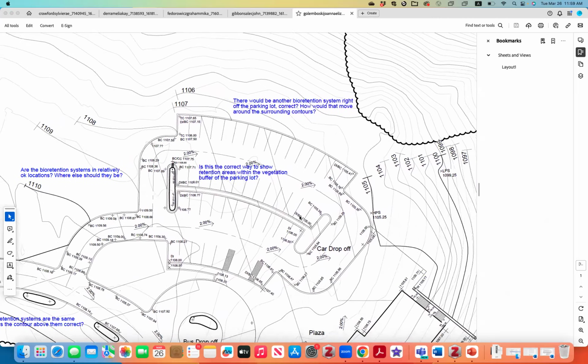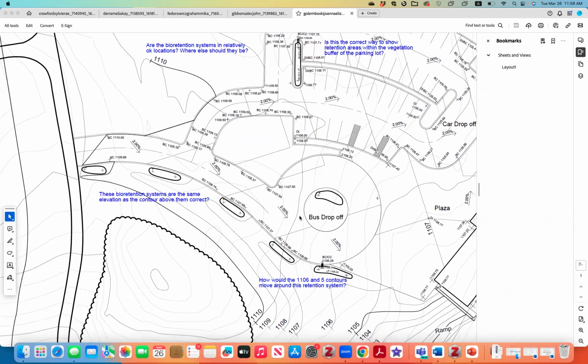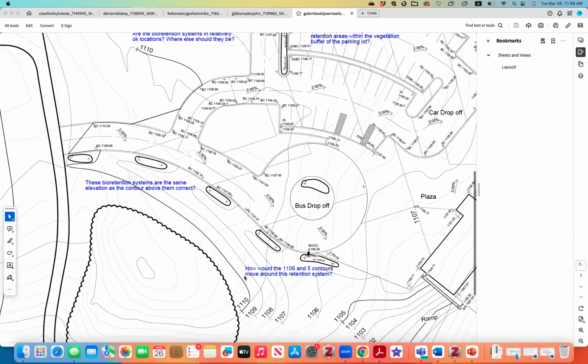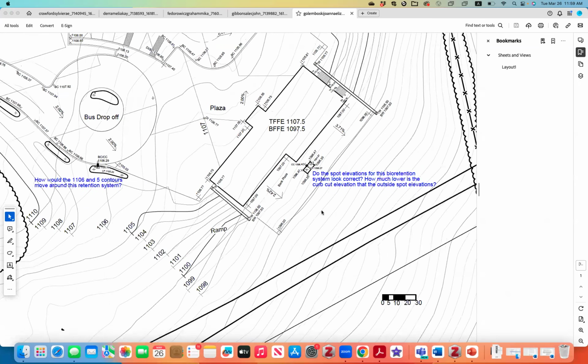I think I went through the retention locations. For these retention areas, yes, you need high points between them and the surrounding contour. You did one more here.